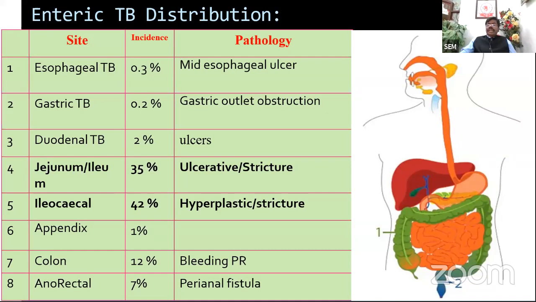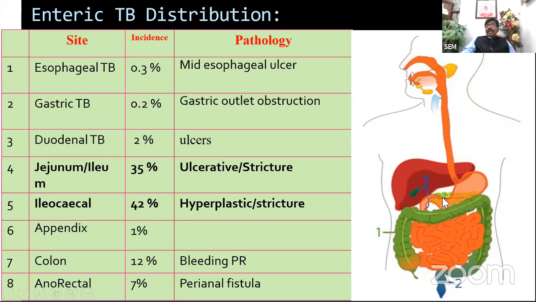Coming to the GIT, if you see this diagram, it can affect the mid-esophageal region mainly, like a mid-esophageal ulcer, because the lymph nodes in the mediastinum caseating and eroding into the esophagus can give rise to this. Mid-esophageal ulcer is one of the common presentations.